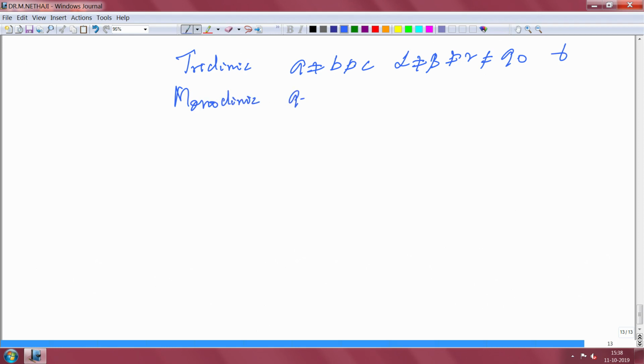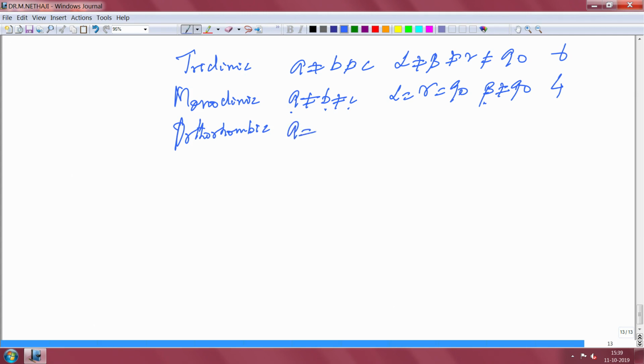Monoclinic: a ≠ b ≠ c, alpha = gamma = 90, beta ≠ 90, so 1, 2, 3, 4 parameters. Orthorhombic: a ≠ b ≠ c, alpha = beta = gamma = 90, so we need 1, 2, 3 variables.